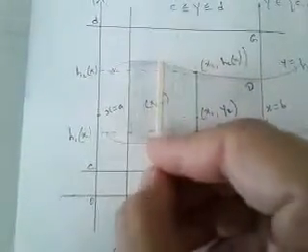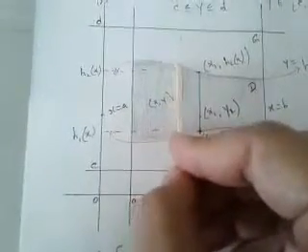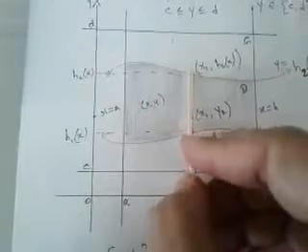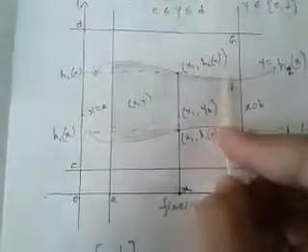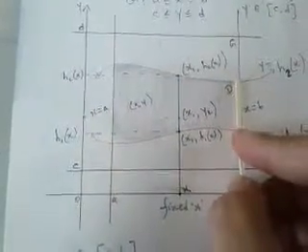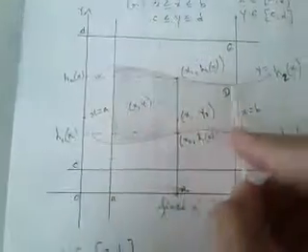Once it reaches x equals b, it stops. That's how it covers this entire area.